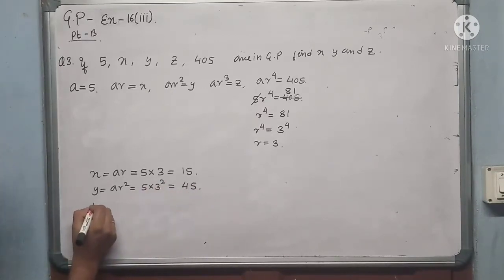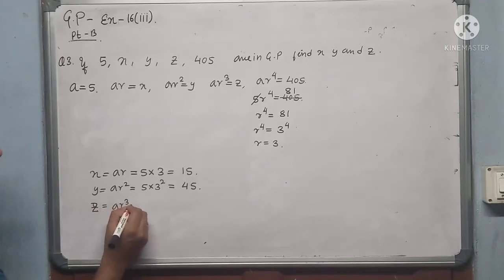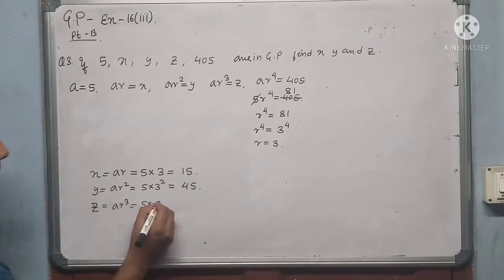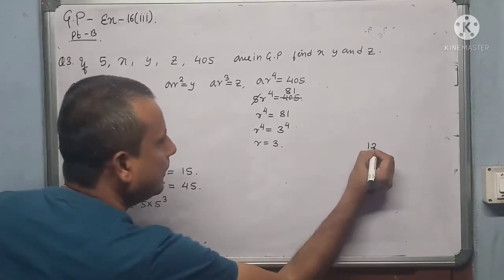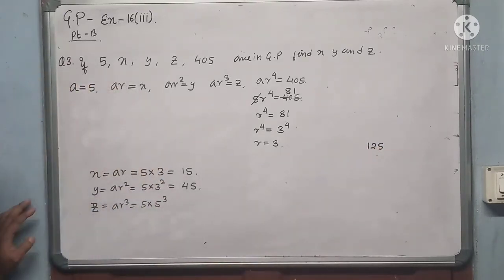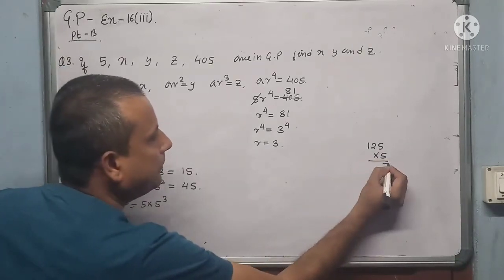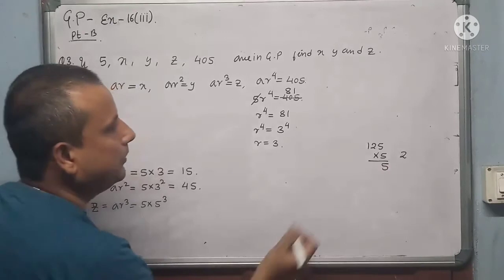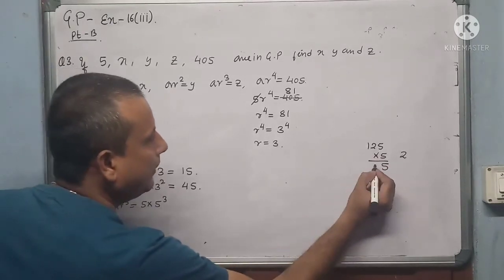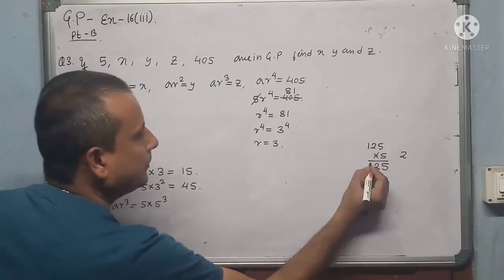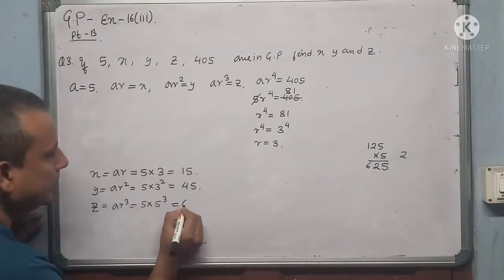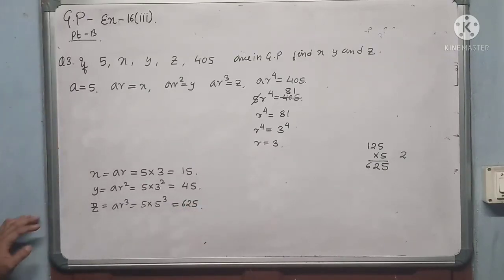Now z, the value of z is ar cube: 5 into 3 cube. Now 3 cube is 27, 27 into 5, 135. So the values of x, y, and z are 15, 45, and 135.